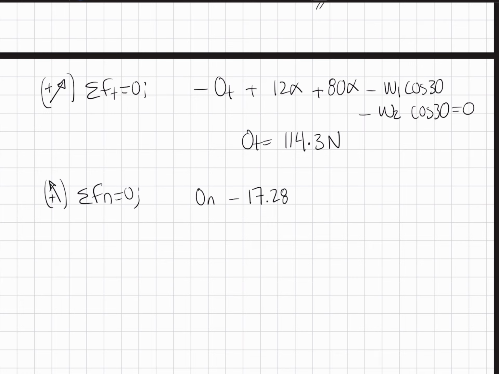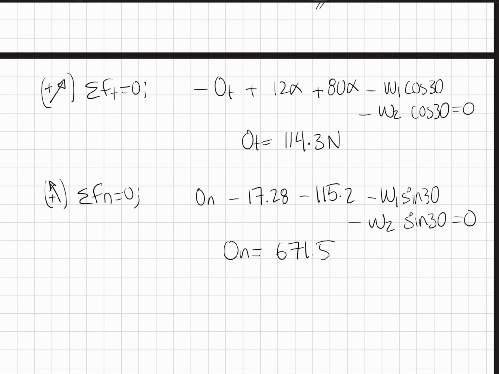These are the forces we had, minus W1 sine 30 minus W2 sine 30 is equal to 0. And ON is equal to 671.5 newtons. So that's what we have.